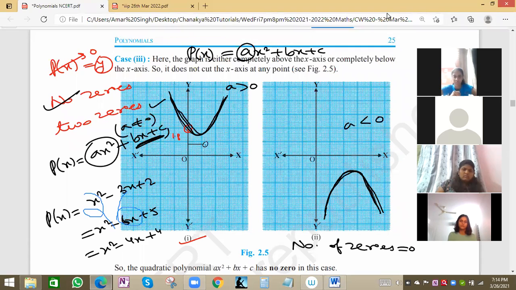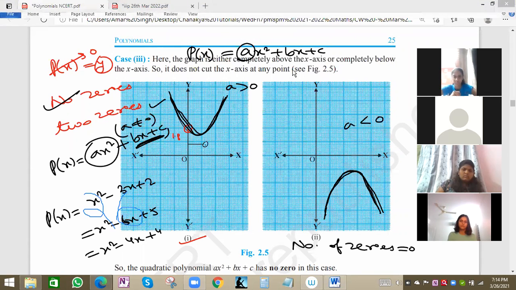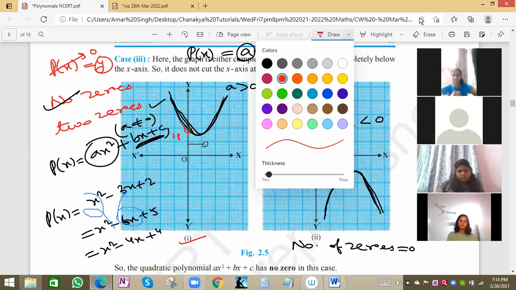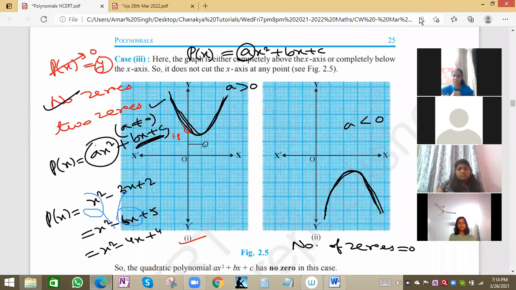One way is by getting the zeros, alpha plus beta, and the other is the graphical method. Basically, we can take 3 points, because carefully notice the equation: this graph is simply a parabola, or a quadratic polynomial graph.